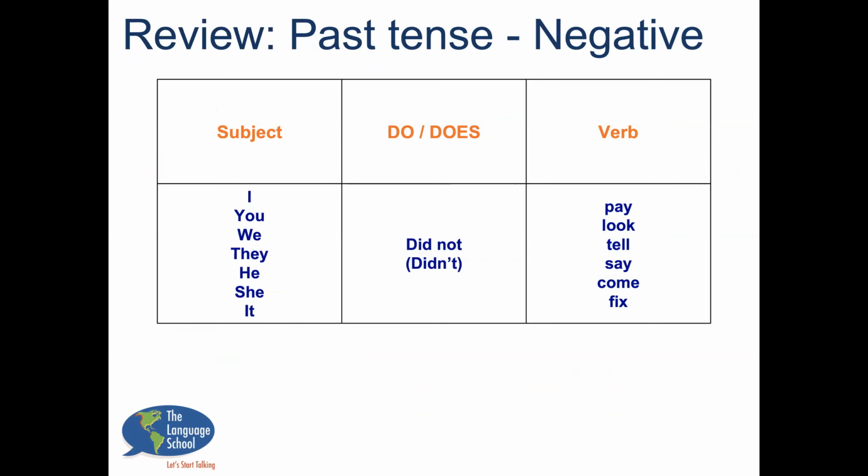When I say when I was young, it means when I was a child, or it could be when I was younger. It doesn't have a definite time frame, okay? It could be when I was much younger or when I was a teenager. It could be when I was 3 years old, when I was 15 years old.